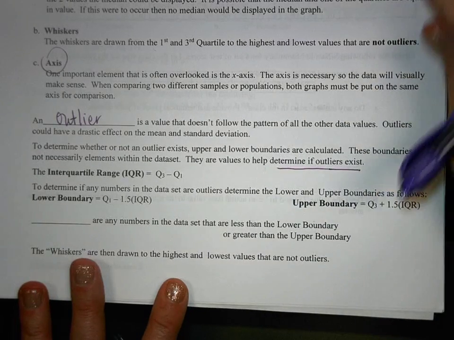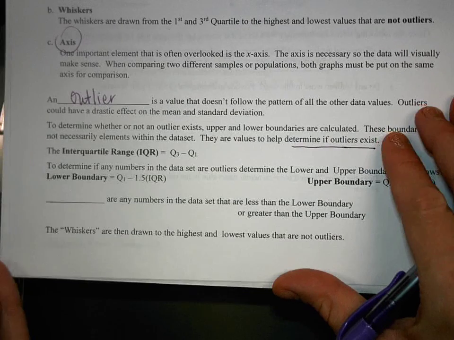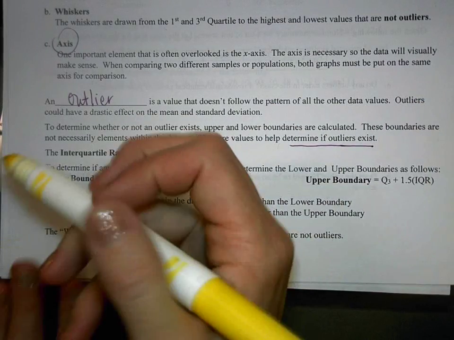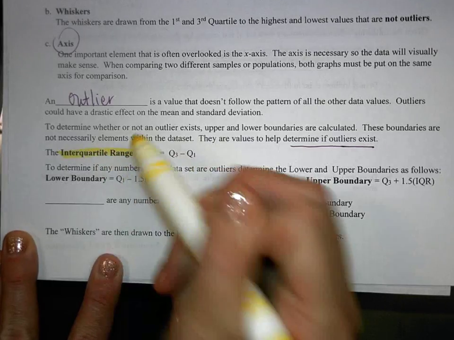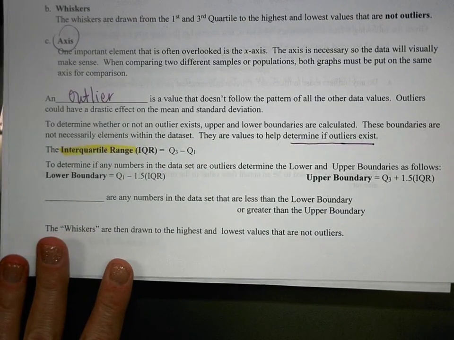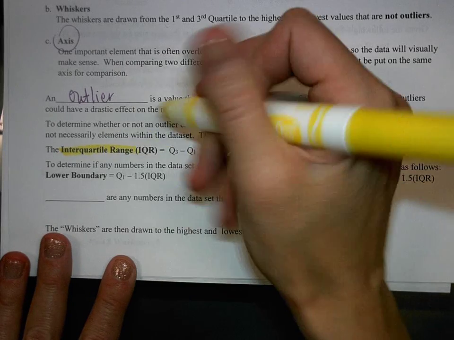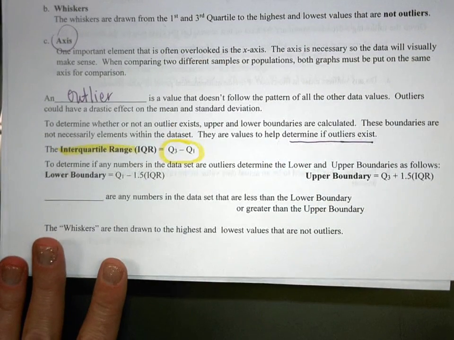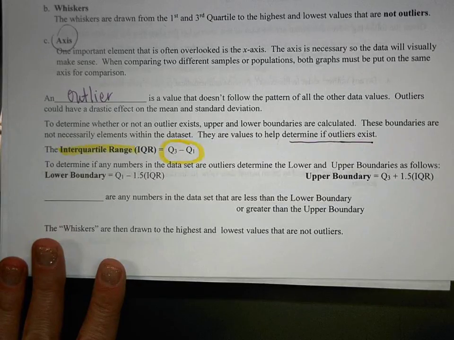How you find this is by first taking your interquartile range. And so how you find your interquartile range, or IQR, is you just subtract Q3 and Q1. So whatever value you get for Q3 minus Q1, that gives you your IQR, or your interquartile range.